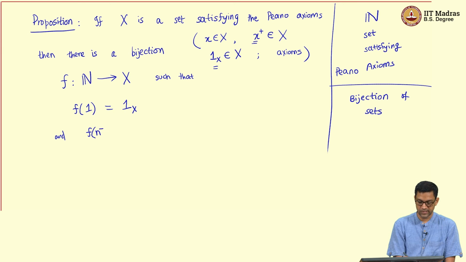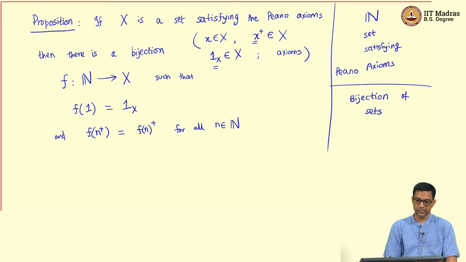So, if we take the successor of n, that maps under this function f to the successor of f(n), okay. So, this should be true for all n in N. So, this is the claim here, that this is what it means to say that the set X is in some sense the same as the set N.